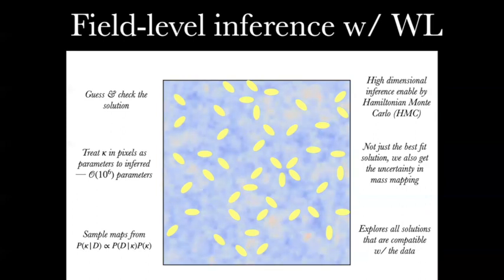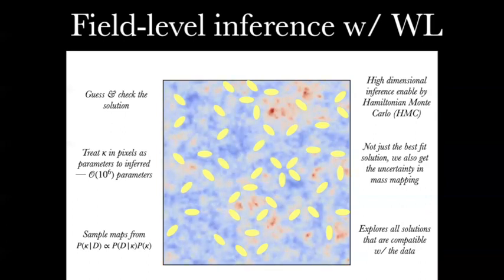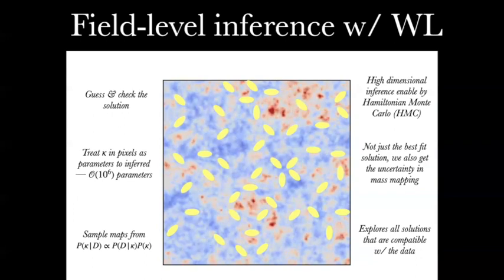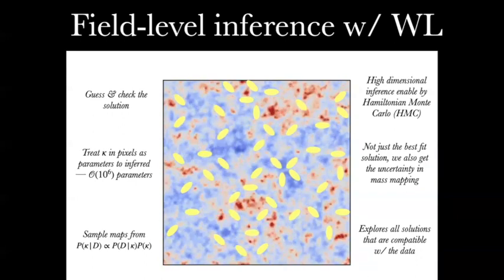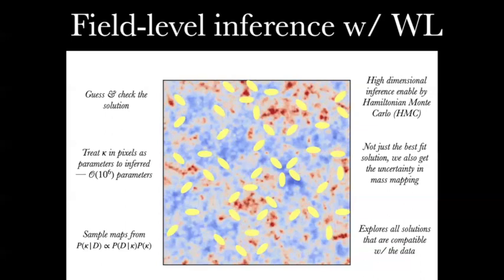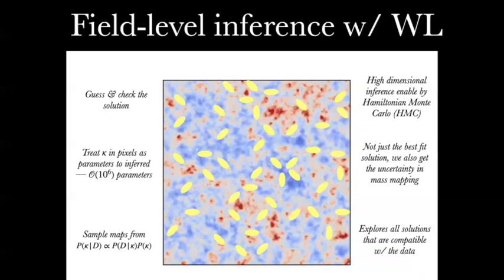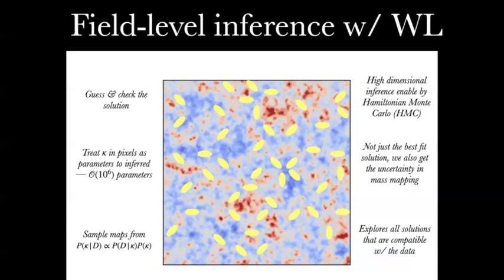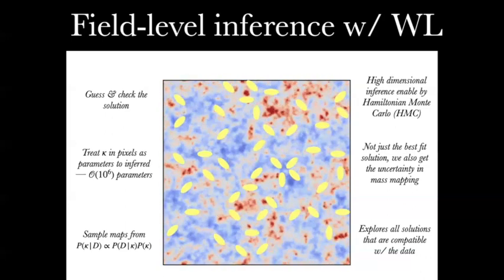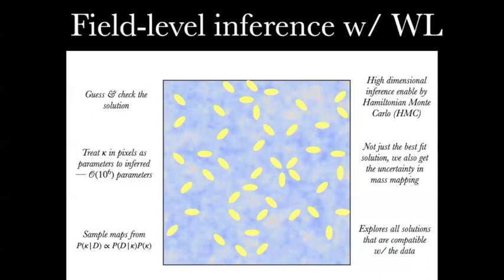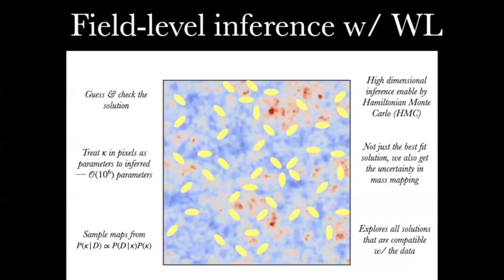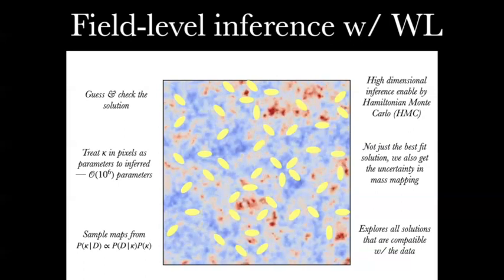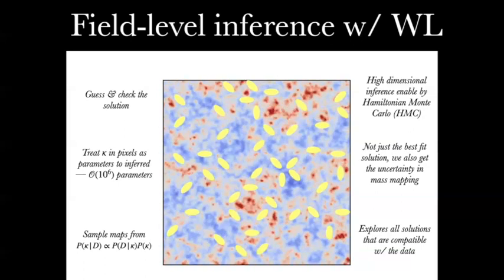For weak lensing, the way this would work is something like the following. Here, the yellow ovals indicate galaxy shapes, and by looking at the galaxy shapes on the map, we want to forward model the underlying density field that has created those particular shape distortions. So we start off with some random density field, and we look at how well the observed shear map compares to what we are forward modeling.